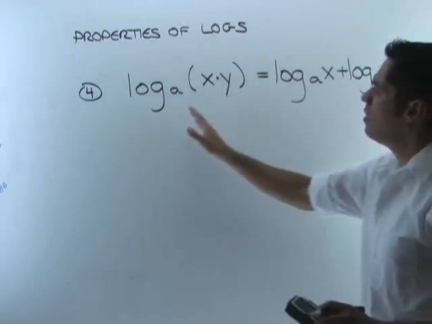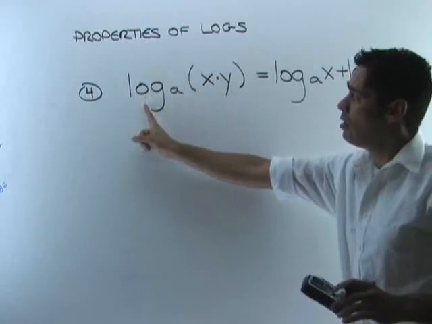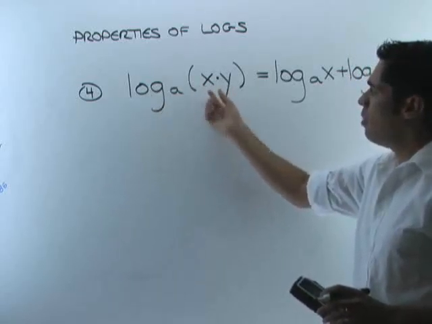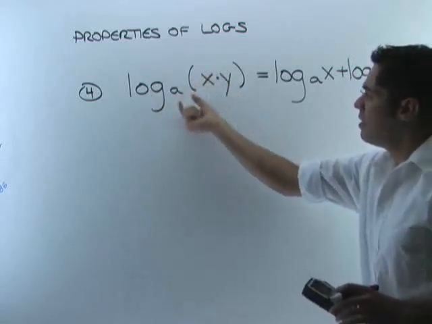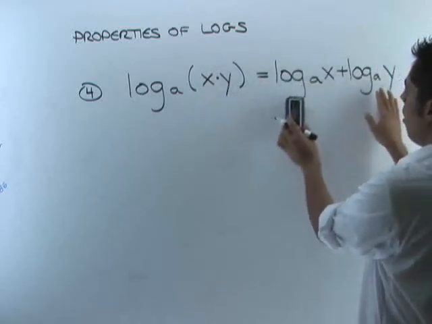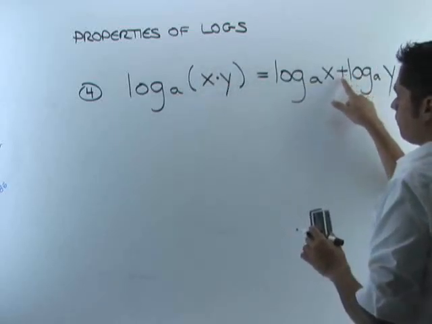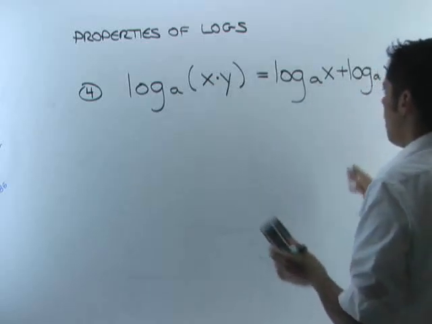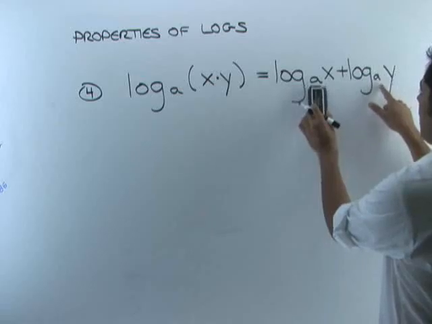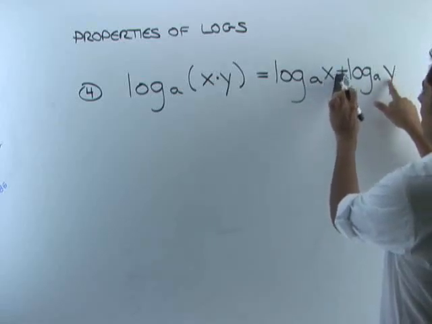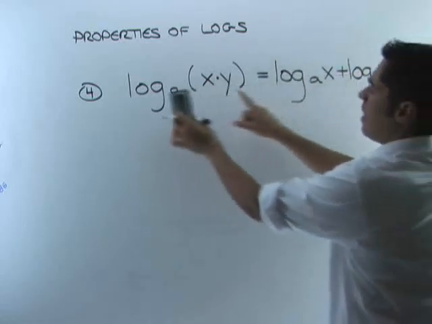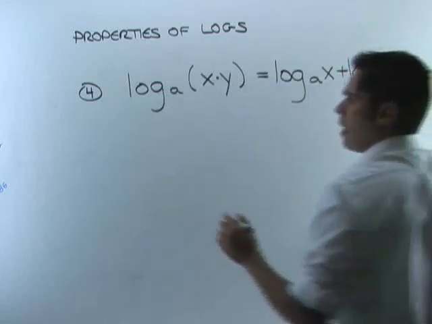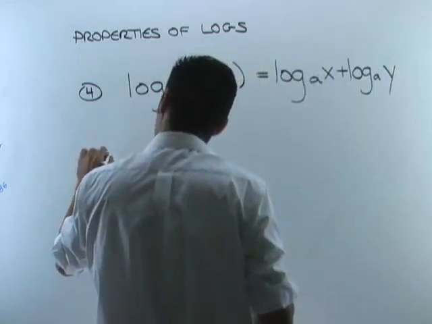So what this property allows you to do is take a single log that has two things being multiplied inside of it, and you can split it up into two logs. It'll be addition between them. Notice the base here is the same. Also, you can look at this property the other way. If you have two logs with the same base and two things being added together, you can condense them down into that. Okay, let me give you an example of this.